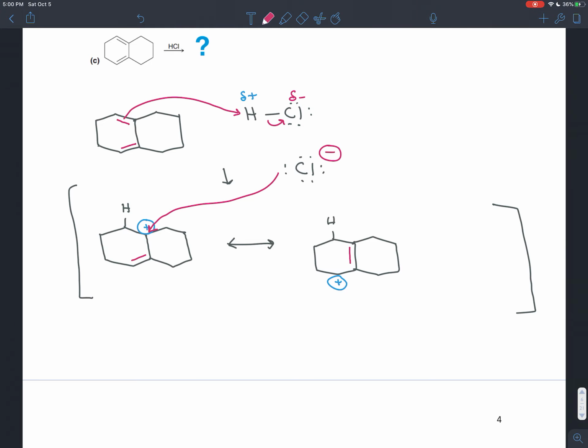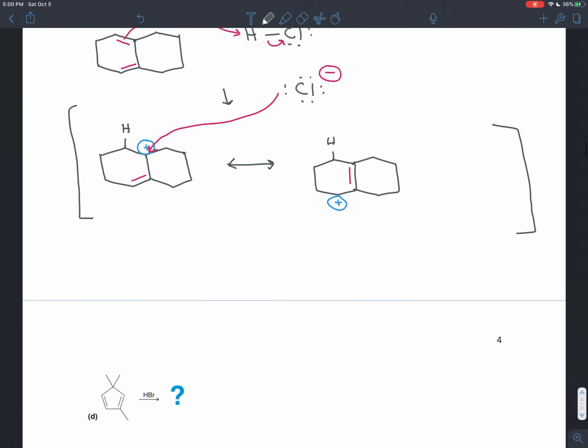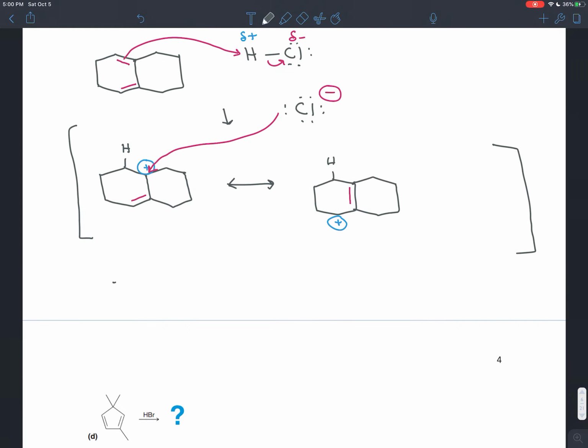So on the one hand, it could attack the positive carbon here, in which case you would end up getting this product. Or it could attack the positive charge on this other resonance structure, in which case you would get this product.